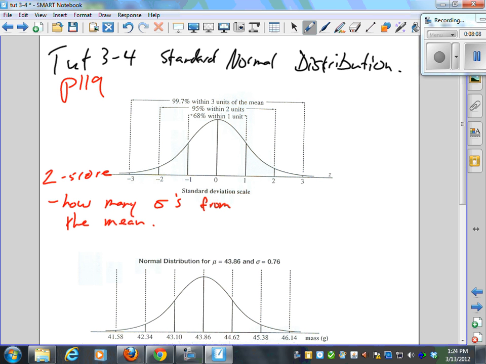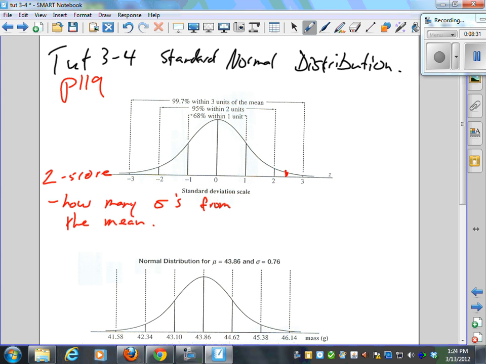Okay, so if, for example, you did an IQ test and your Z-score was +2.5, you would be way up here. What does that mean in terms of your intelligence?